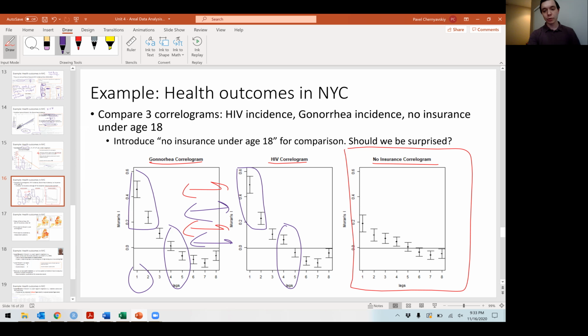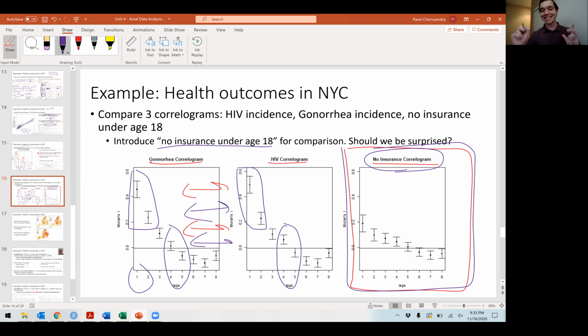When we look at the no insurance under 18, it's not good, right? I'm not going to argue with you if it's better or worse than gonorrhea, but it's not good to have a child with no insurance. You can't treat them for a large swath of maladies. But you look at the fact that this particular correlogram looks nothing like the other two.